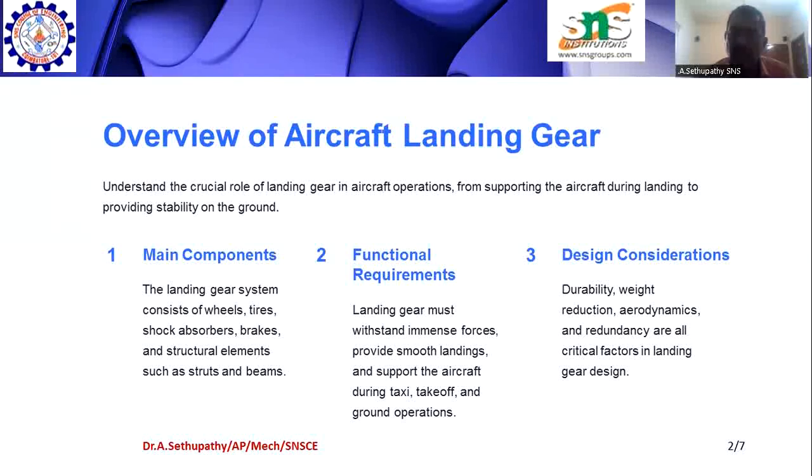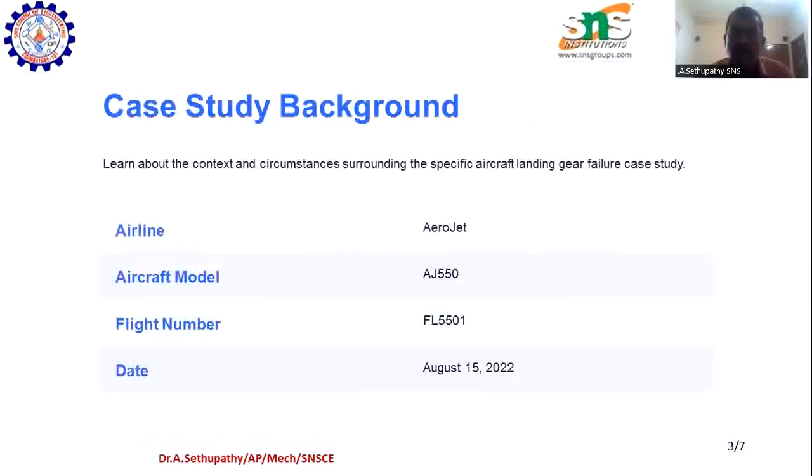The third one is design consideration, how to design landing gear in aircraft. Durability, weight reduction, aerodynamics, and redundancy are all critical factors in landing gear design. While we are going to design a landing gear, these design considerations are very important.